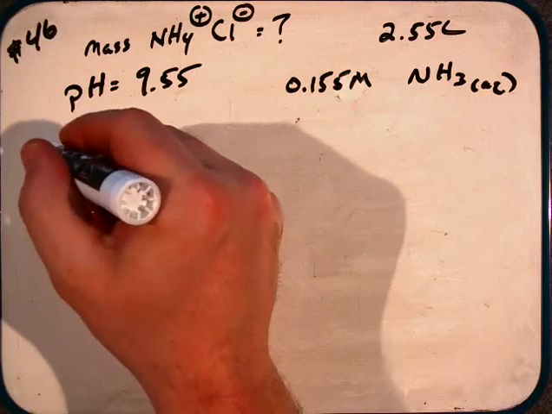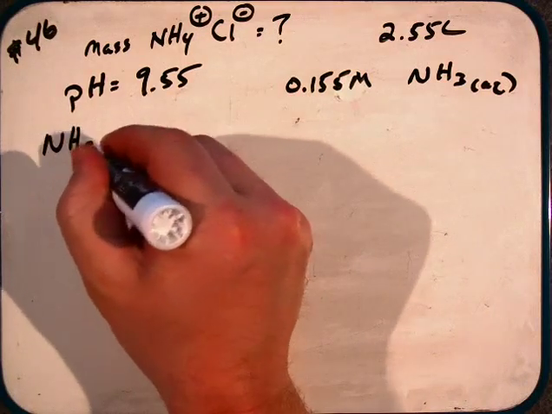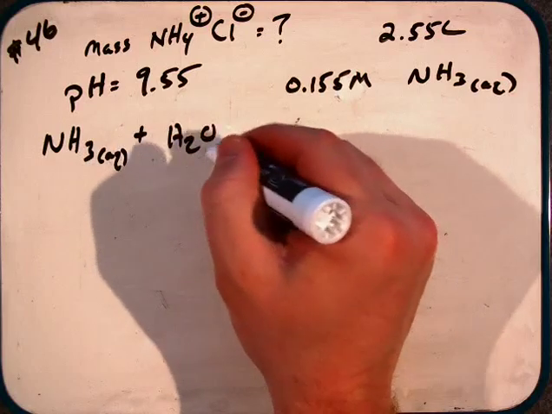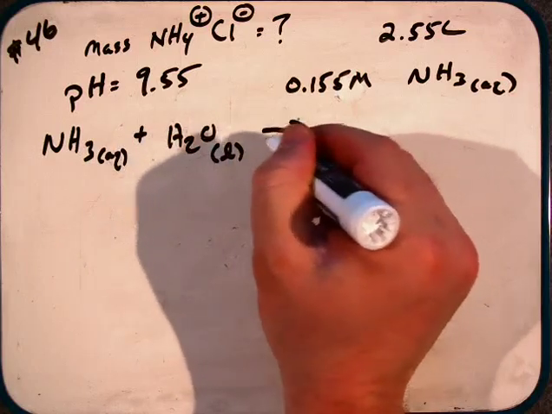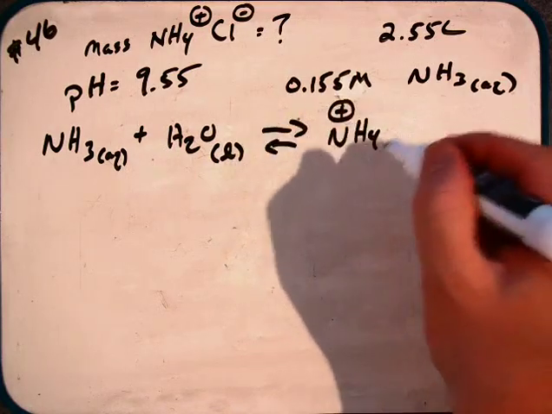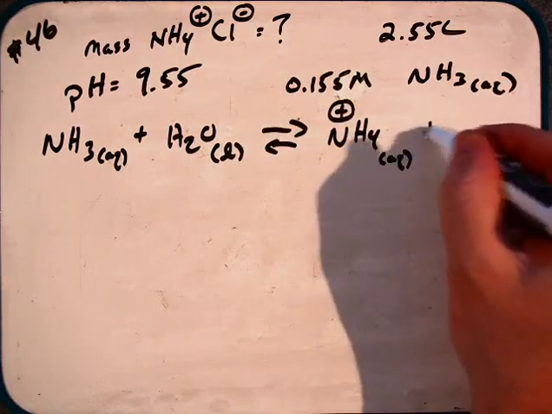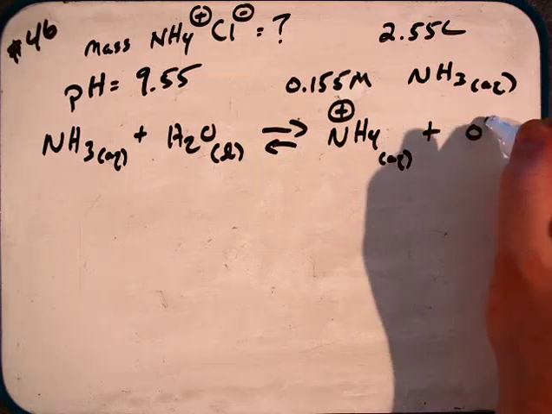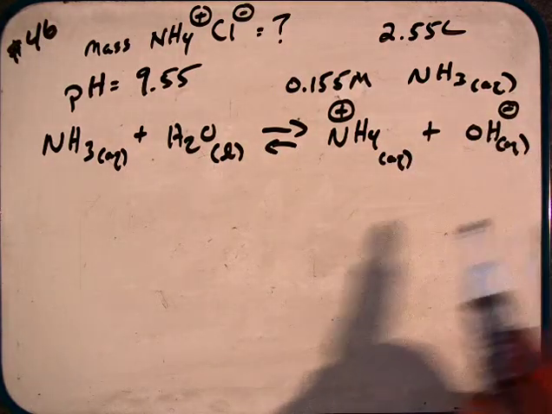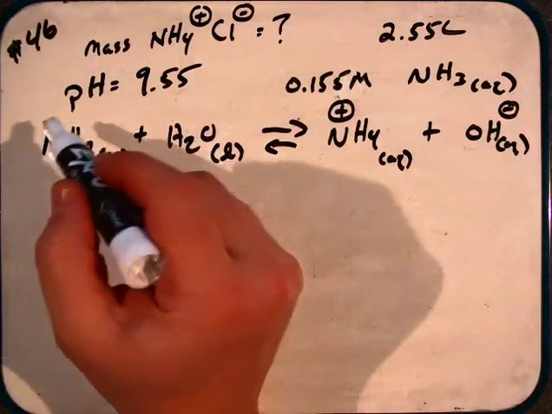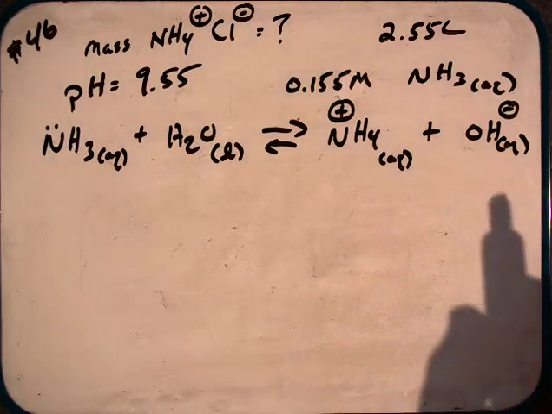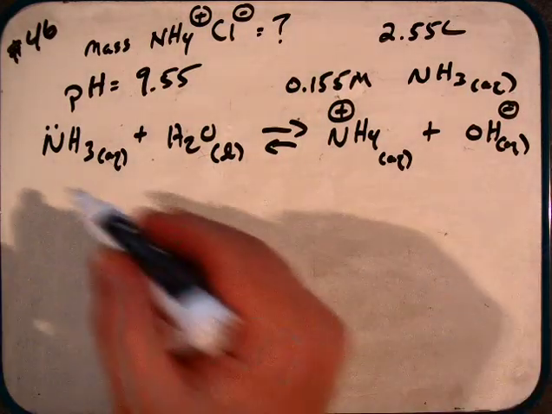To begin, we always want to write the buffer equilibrium according to the parent. In this case, our parent is the NH3. That NH3 is going to act as a base and make NH4 plus the conjugate form.